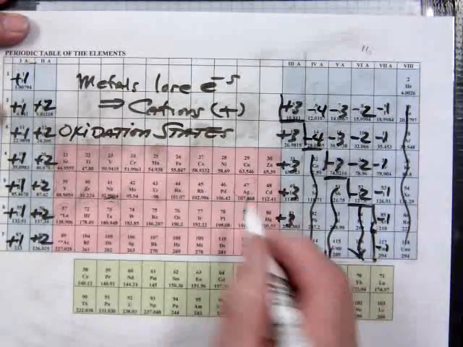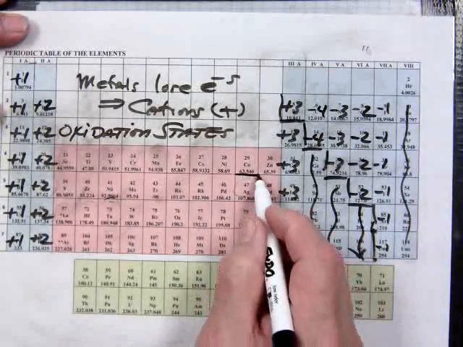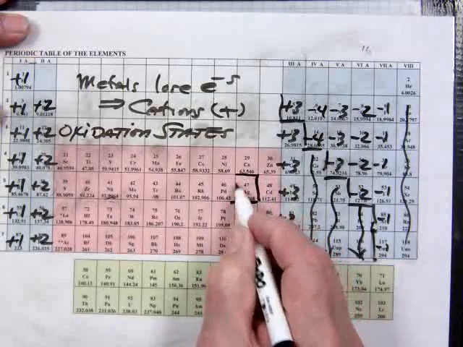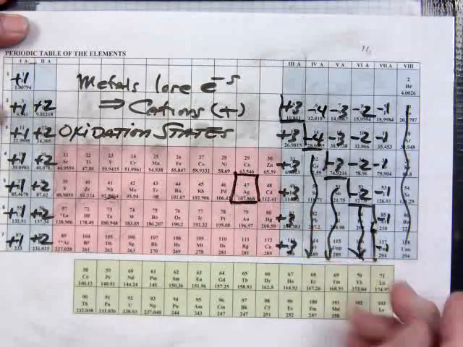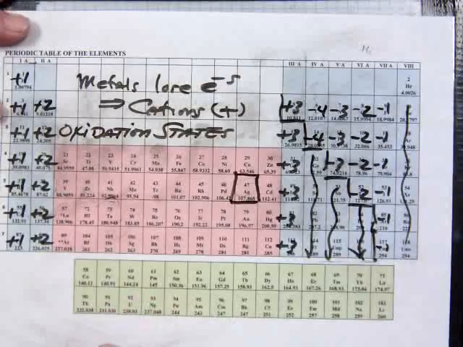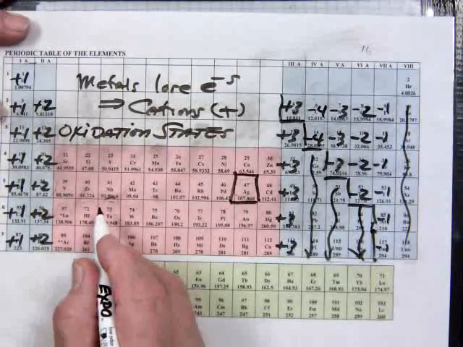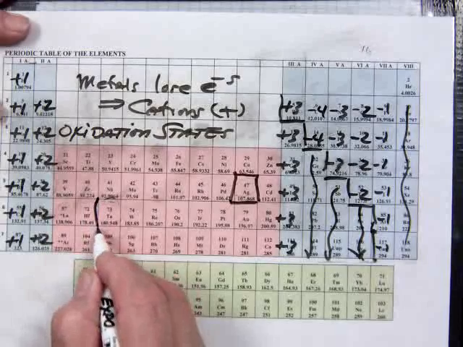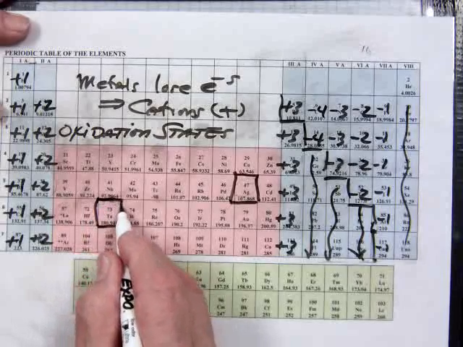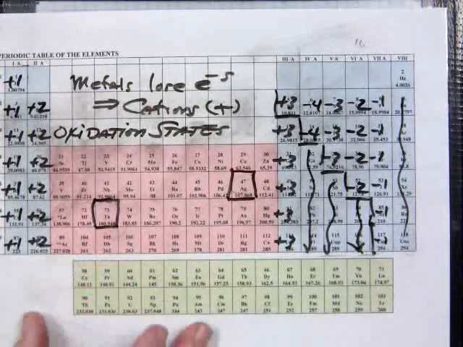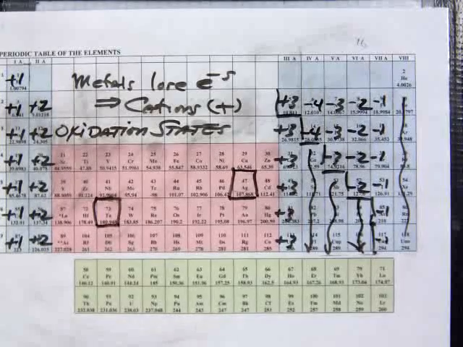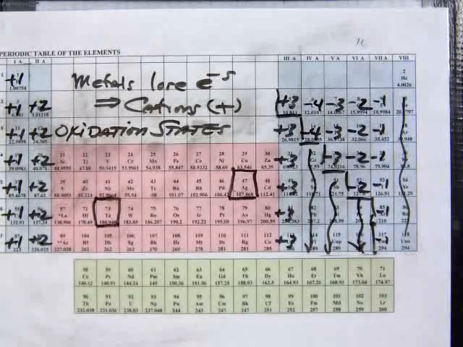silver, right here. Number 47. And we'll work with tantalum also. So if you can find those two, you can get the rest of the fixed charge elements in here.